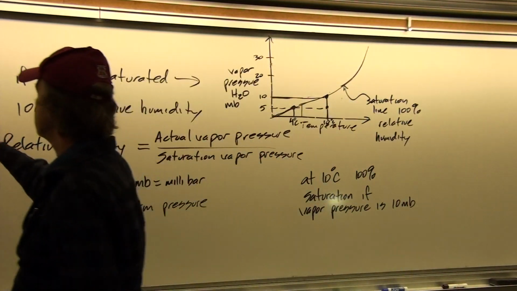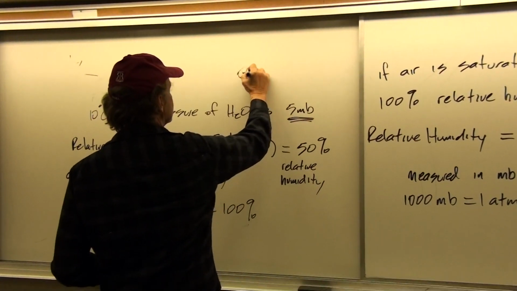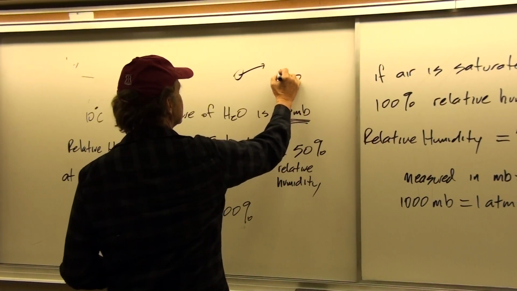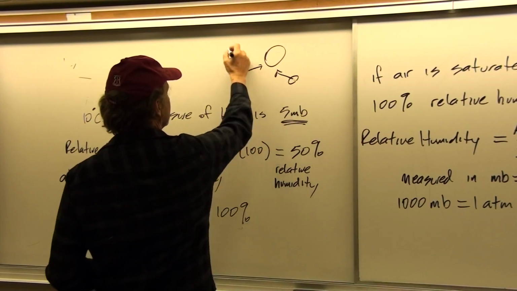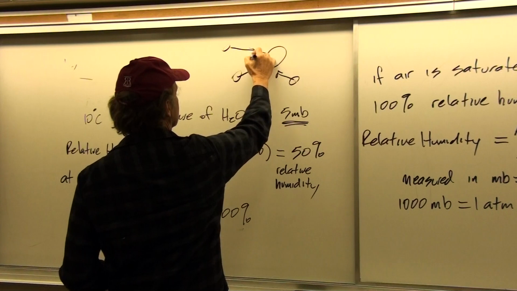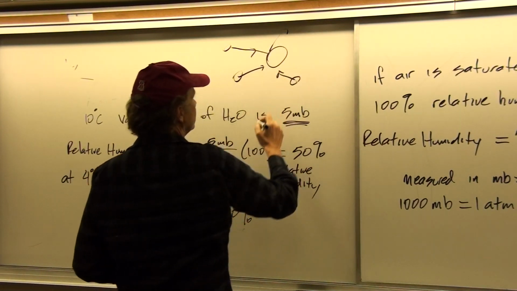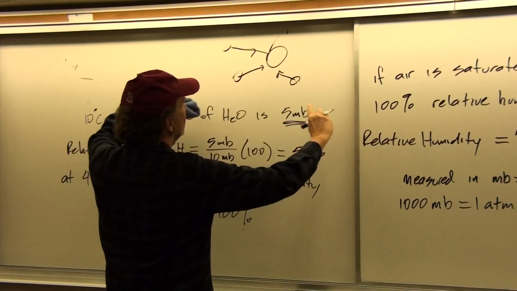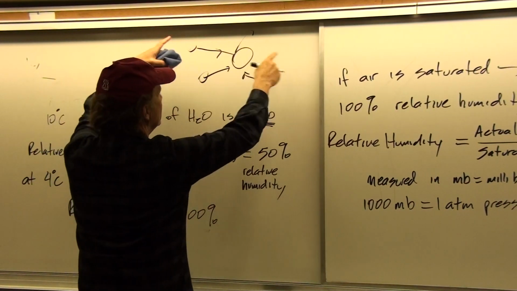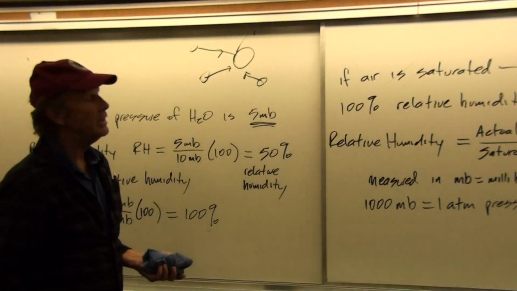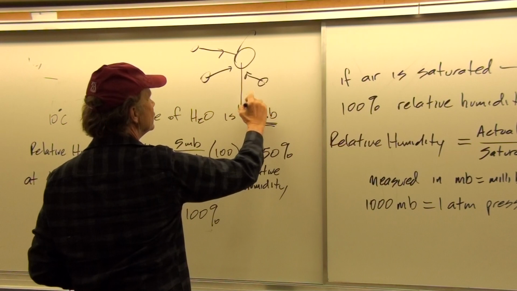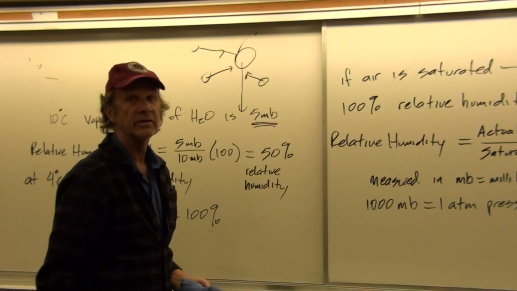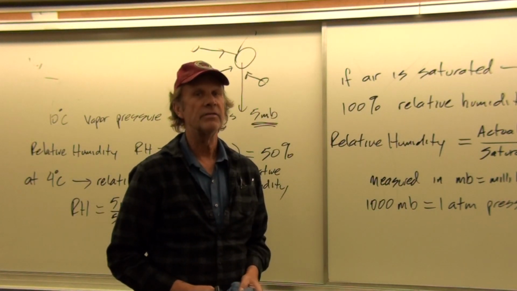So as the temperature drops, these molecules are no longer moving as fast. Here's your water molecule, and here are the air molecules. Every now and then they hit, but they're not moving as quickly because the temperature is lower. And so slowly but surely, these water molecules just drop right out of the air.